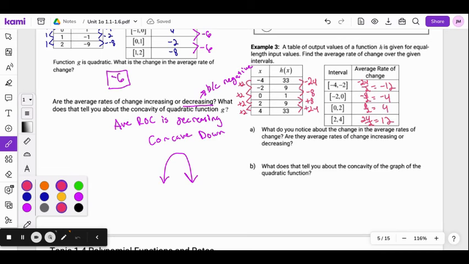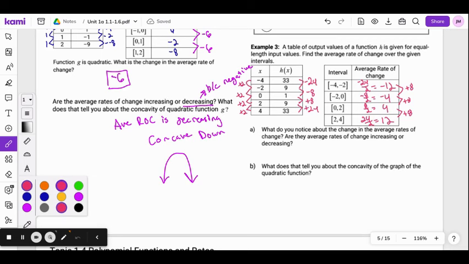Part A. What do you notice about the change in the average changes? Let's look at that. Looks like I'm going up 8, up 8, up 8. So what do you notice about the change of the average rate of change?